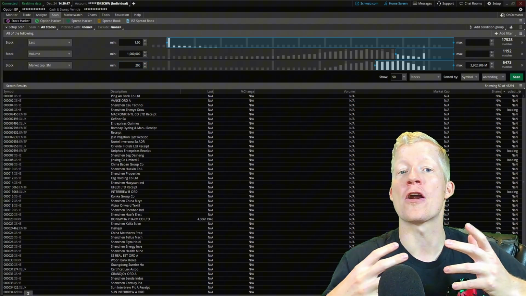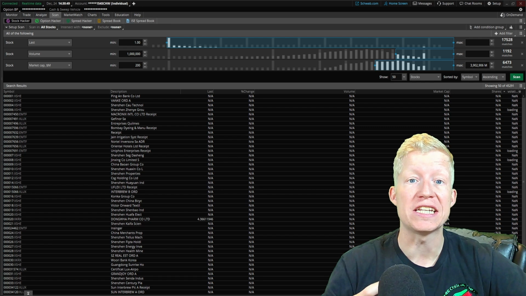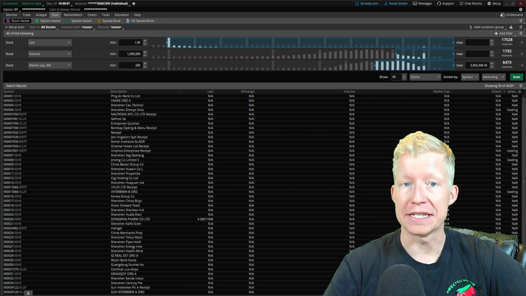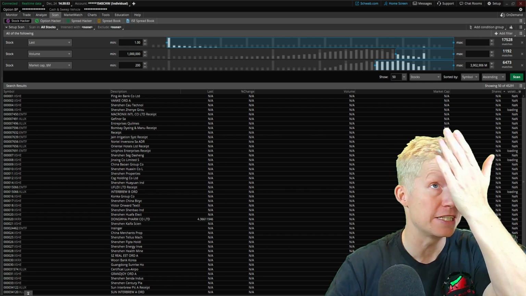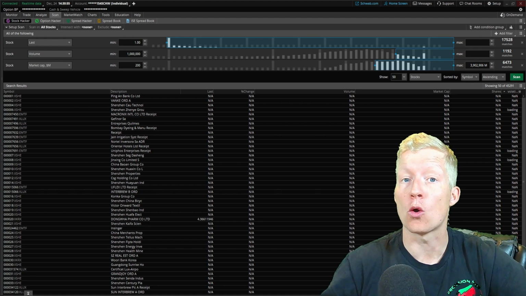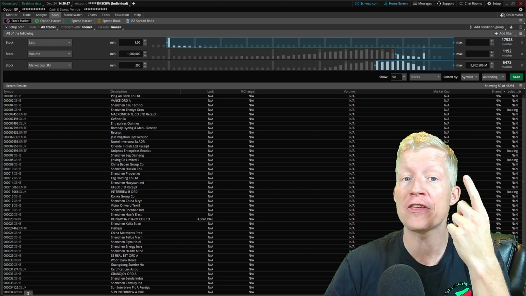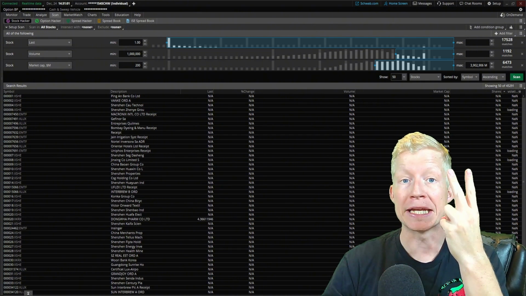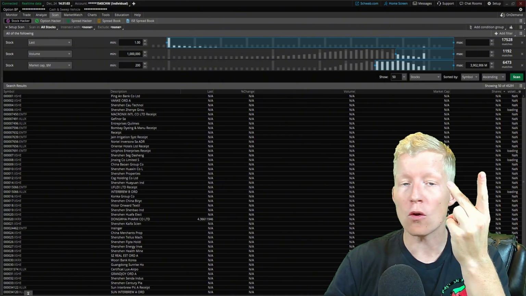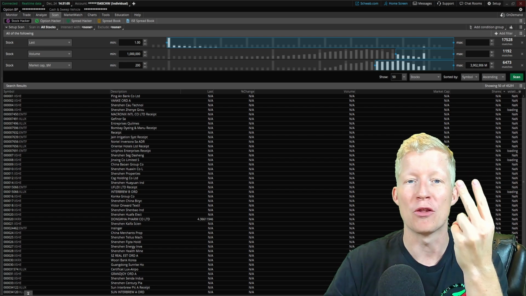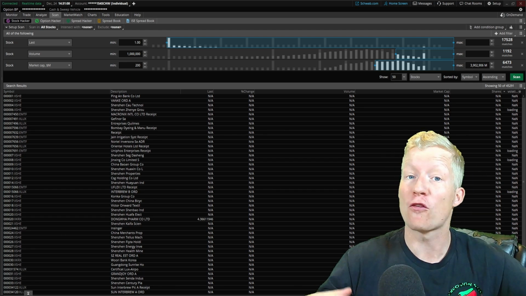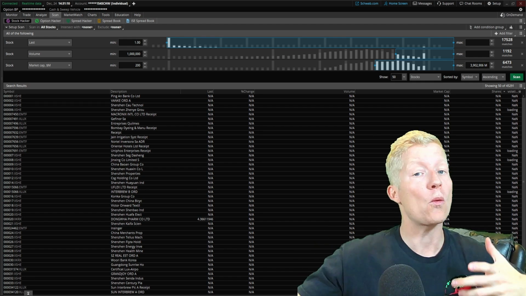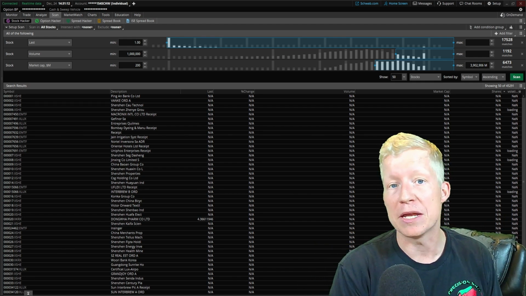Now comes the fun part, the meat and potatoes, and where these scanners are going to begin differing. Obviously, for a continuation strategy, you are going to want to be buying strength, and in a reversal strategy, you are going to want to be buying weakness. However, for that reversal strategy, I don't want to just randomly be buying weakness.